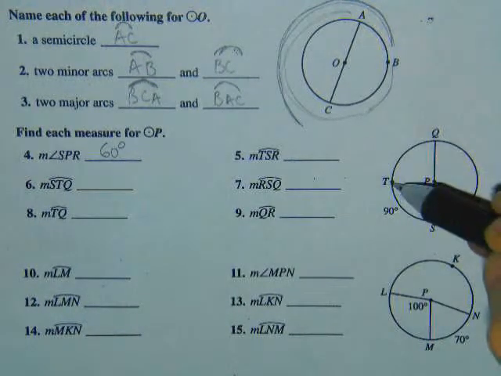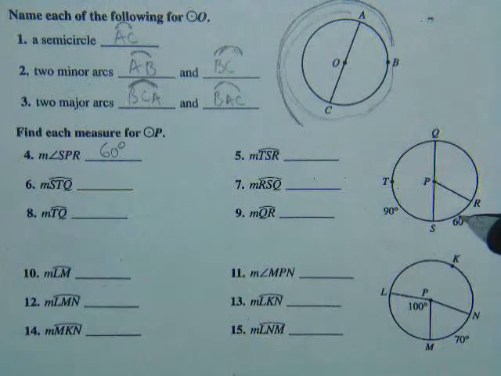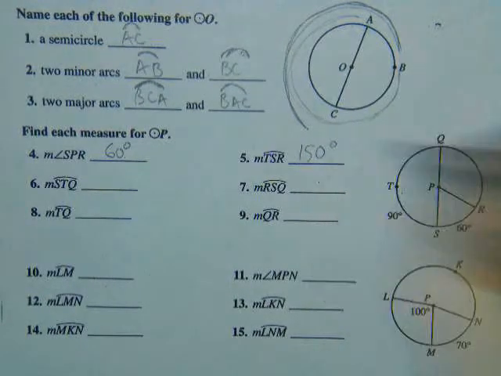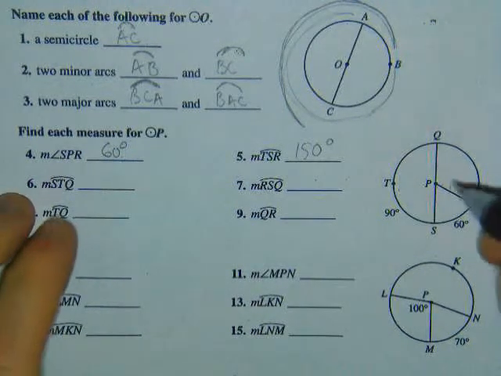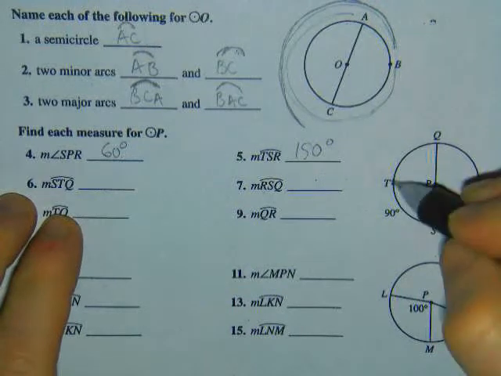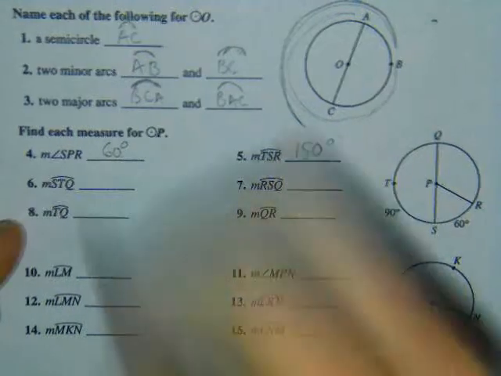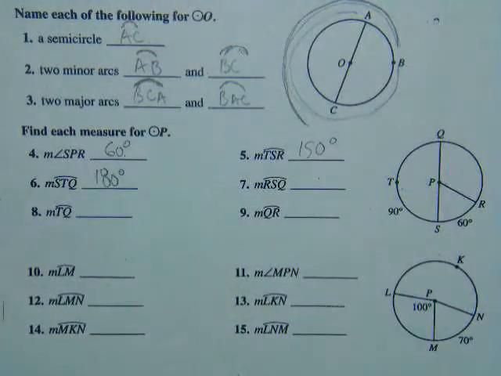TSR, we got the 90 and the 60. Add those together, get 150 degrees right there. Just keep going, identify and sort it. STQ, well, that looks like a semicircle to me, half a circle, 180.